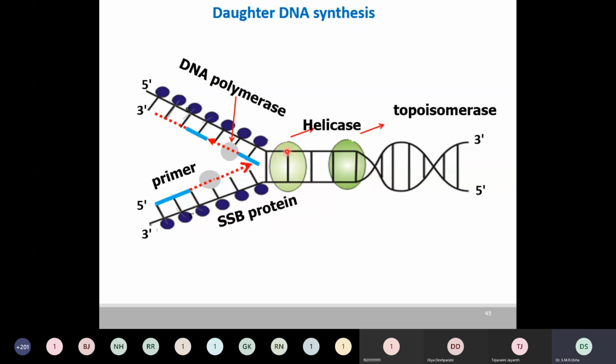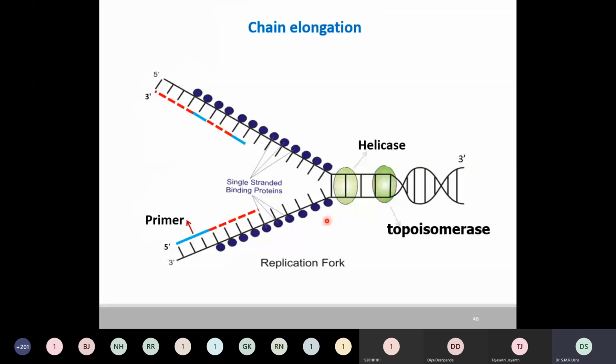So the next time again this double strand has to be unwound. See, it is unwound. Again on one side it is synthesized continuously. On the other side again a primer will come and again synthesis will occur.